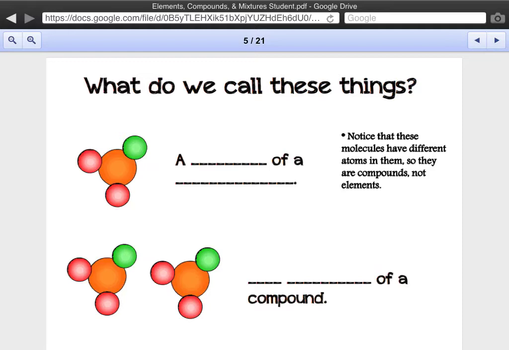Down here we have 2 molecules of a compound. You see 2 different molecules. You see that there are different elements that are combined together, and so it makes up a compound.